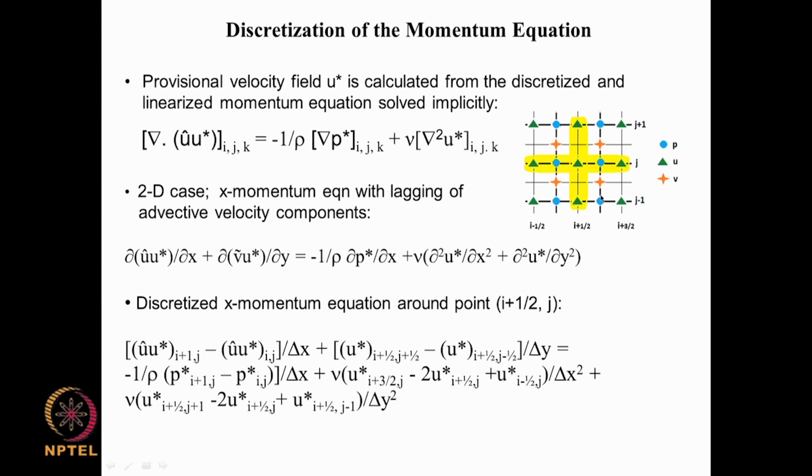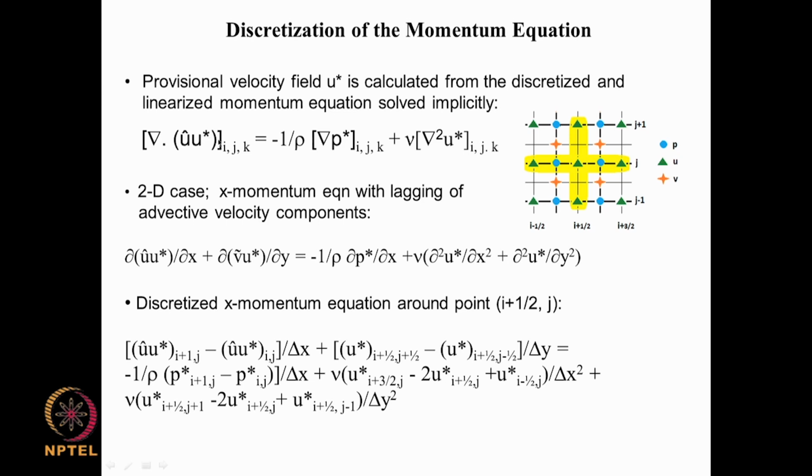On this grid, when we are discretizing the x momentum equation, this is the momentum equation, and we are taking the x component, and that x velocity at any location ijk is denoted here by u star.